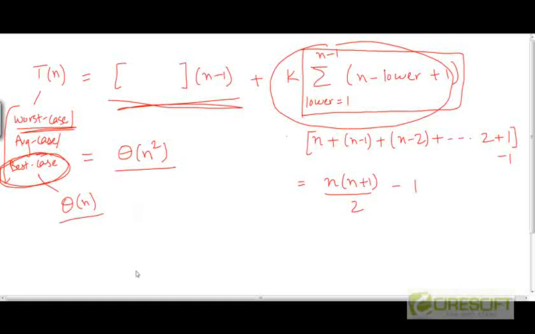The full code there is going to run in best case time theta of n. So any sorting algorithm can be rewritten to run in best case time theta of n.